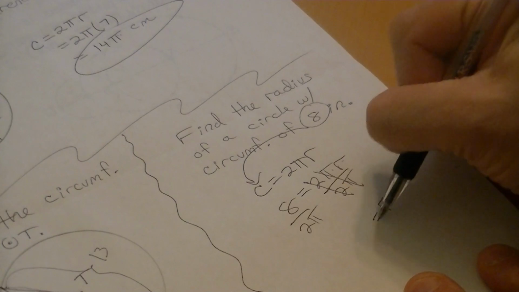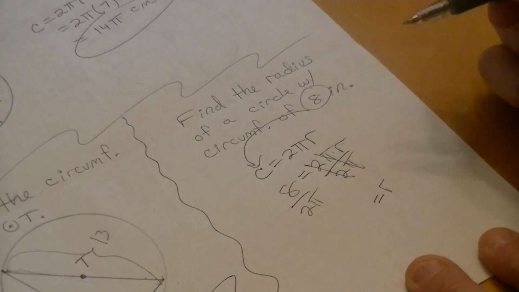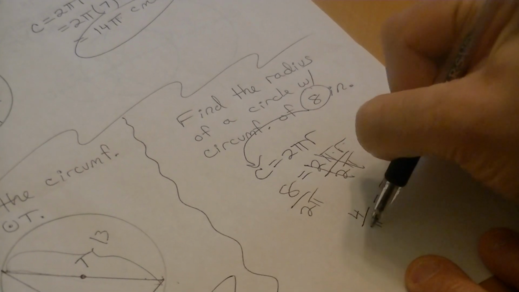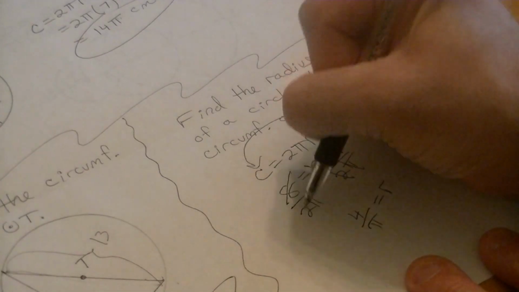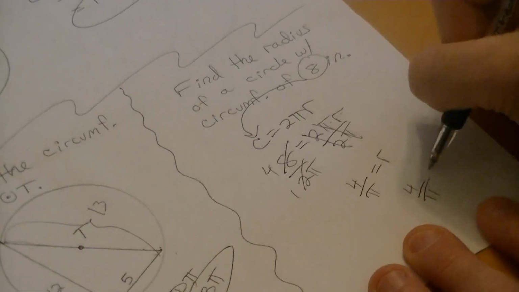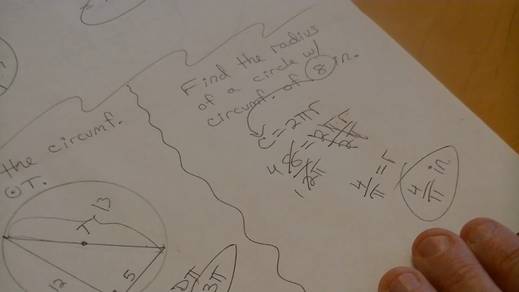The radius is 8 divided by 2 pi. That simplifies to be 4 divided by 1 pi. So 4 over pi, because 8 over 2 is 4 over 1. So my answer would be 4 over pi inches. Again, notice I did not round.